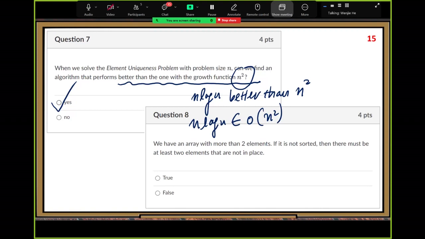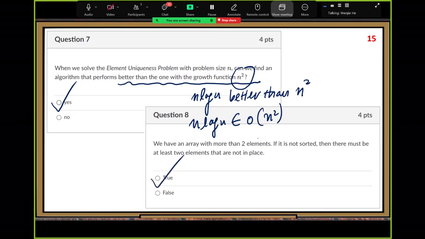Number 8. We have an array with more than 2 elements, so n greater than 2. If it is not sorted, then there must be at least 2 elements that are not in place. True.